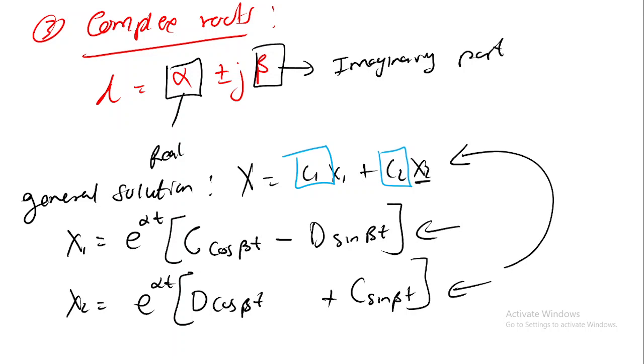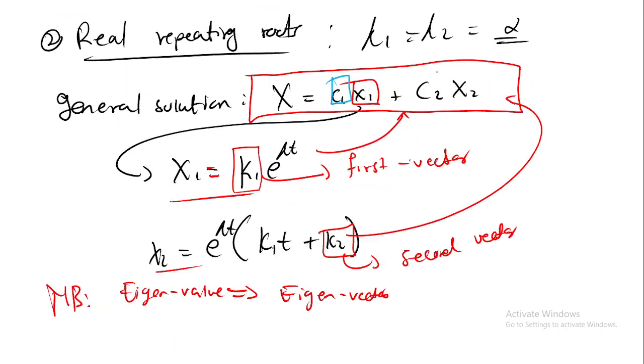If you are not given the condition, you cannot get the values of c1 and c2. But if you are given the condition, it is simple to get the values of c1 and c2. So we call c1 and c2 our constants, even here.